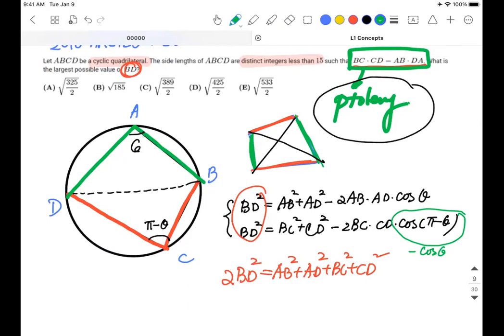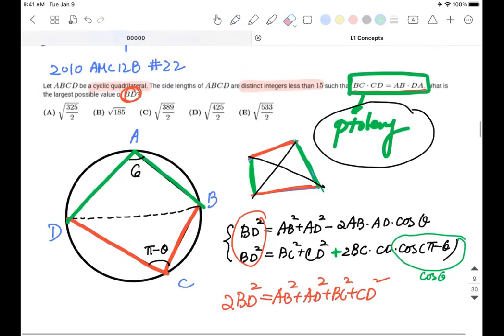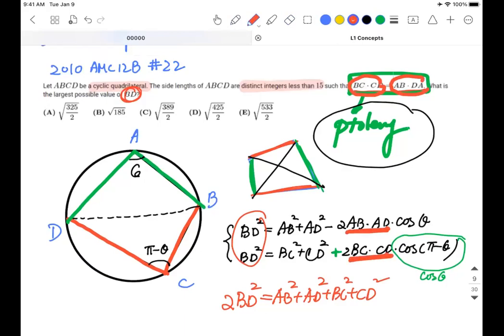And the minus 2 BC CD term is going to change into plus. As long as you're adding these two parts together, the question already tells you BC times CD equals AB times DA. These two parts are actually equal to each other. One is negative, one is positive, so these two terms might be canceled. Right? Very understandable. This is not magic.